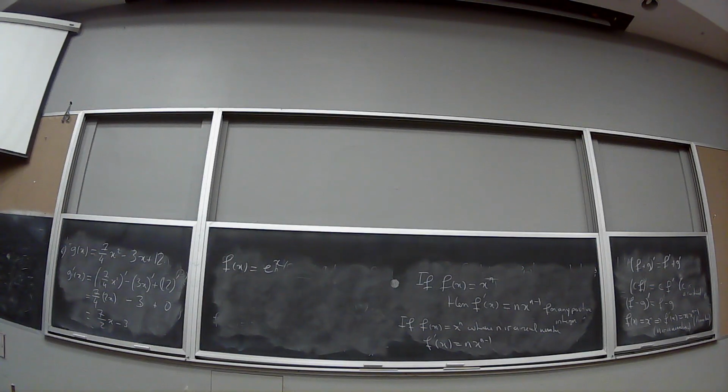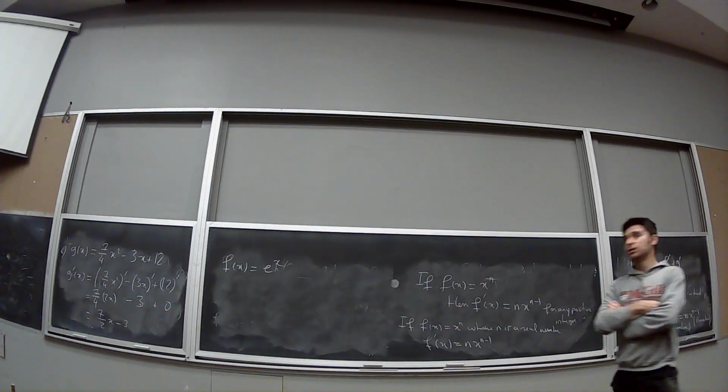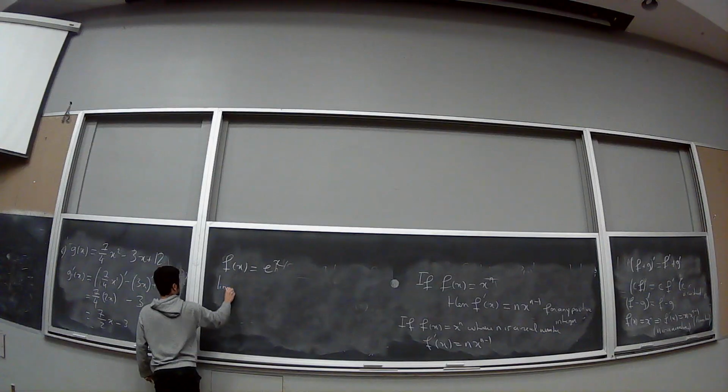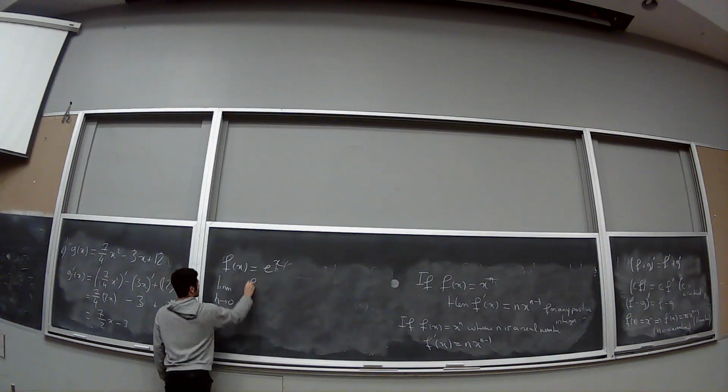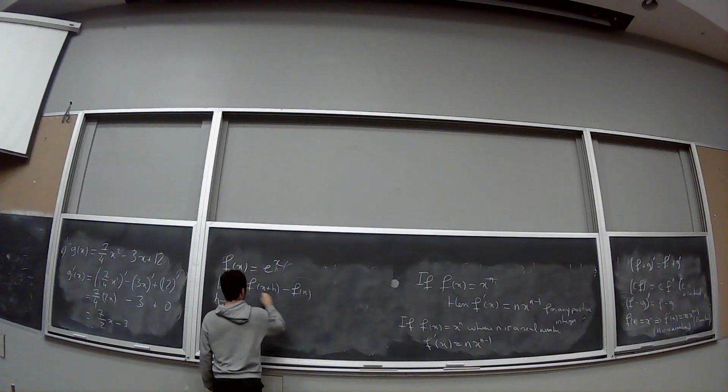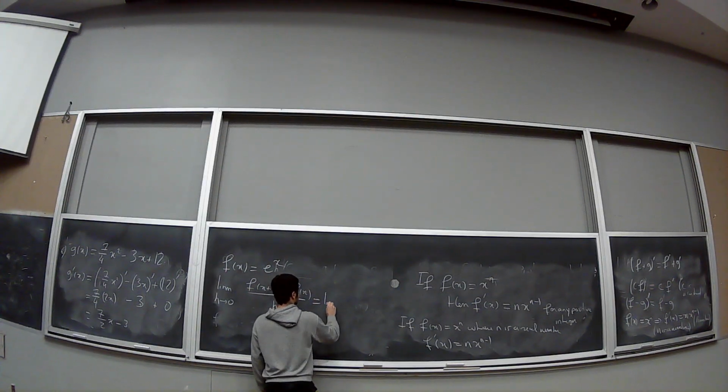If I want to find the derivative of something and I know nothing, how do I start? By looking at the definition of the derivative. So I have to look at the limit as h goes to 0 of f of x plus h minus f of x over h.